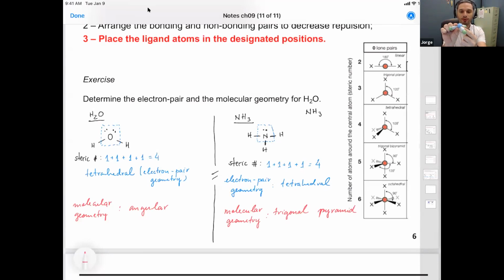See that one bond is coming out of the plane, the other bond is moving towards the plane, and we can draw here another bond on the plane. So to make a nice drawing for the ammonia molecule, we are going to put here nitrogen.